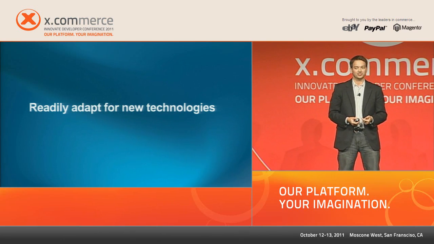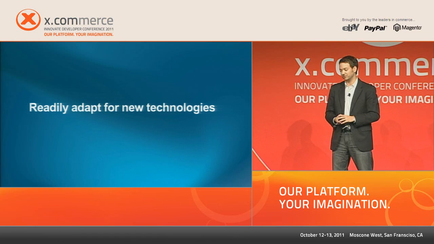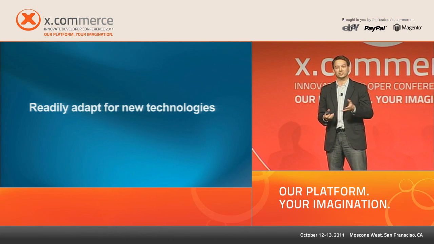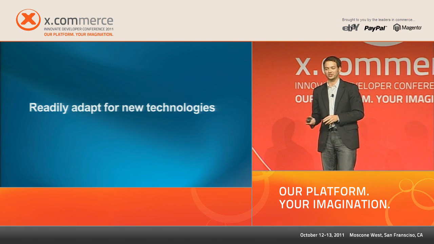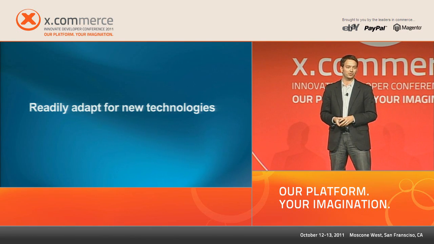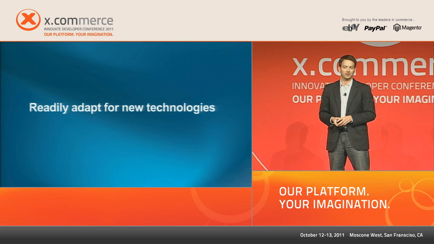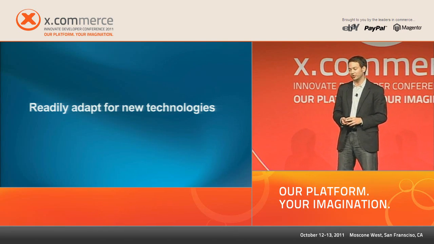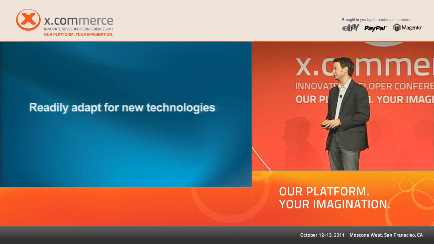Our clients and companies that implement Magento are going to request from you as developers to make sure that the solution they have is going to work with new technology. In fact, they're not even going to ask for it, they're going to demand it. It's going to be a strict requirement for anyone implementing a new solution.